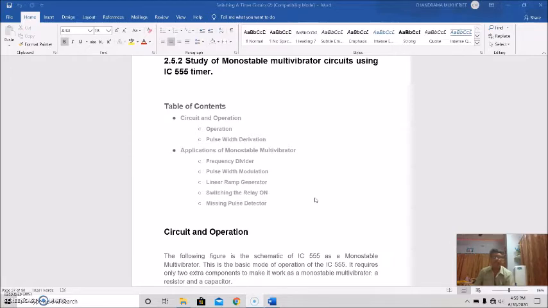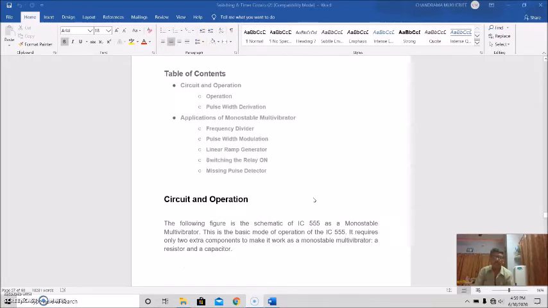In our last class of power electronics and drives, we discussed the monostable multivibrator circuit and its application using the IC 555 timer, and we started on the circuits of the monostable multivibrator using the IC 555 timer.